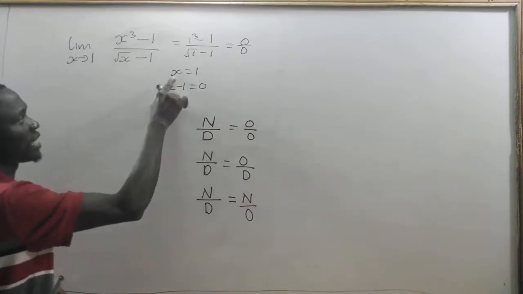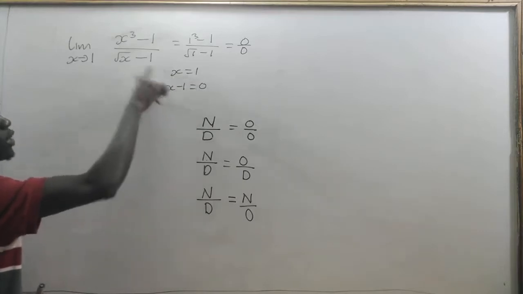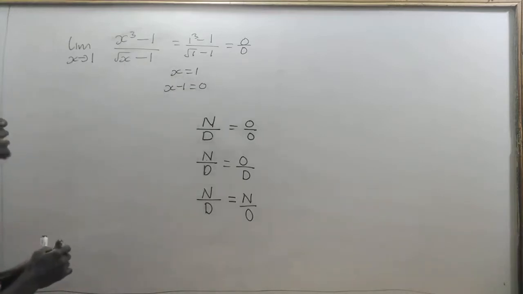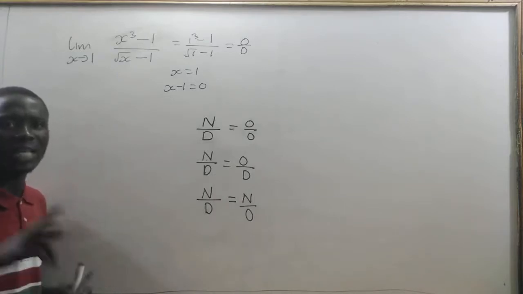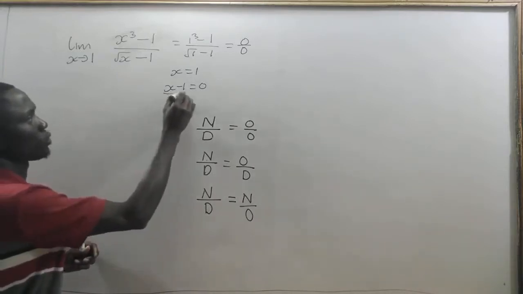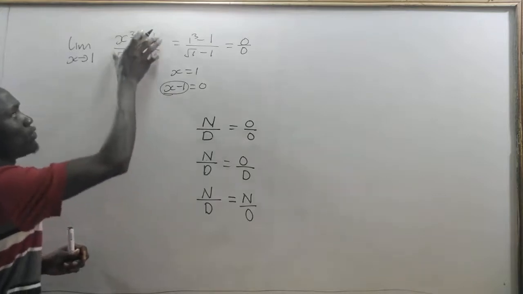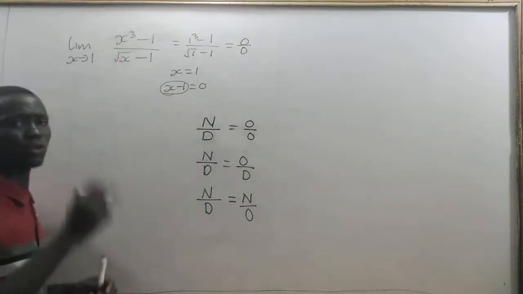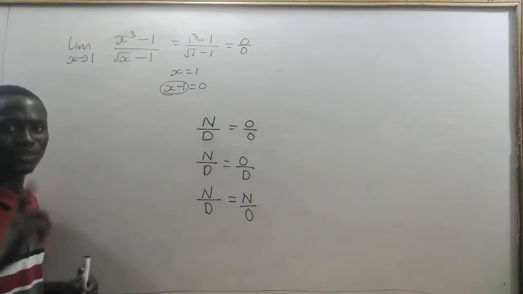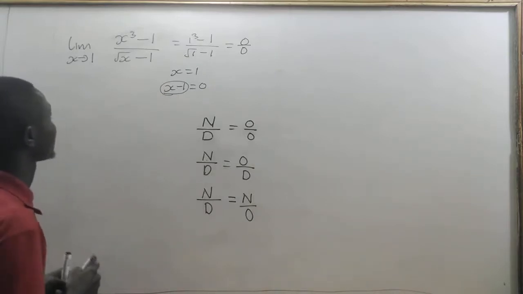So since when we put in x equal to 1, we are getting 0, it means that the numerator and the denominator have a common factor, and that common factor is x minus 1. So we have to evaluate this function to get the common factor and cancel it out. So let's see how we get that common factor.